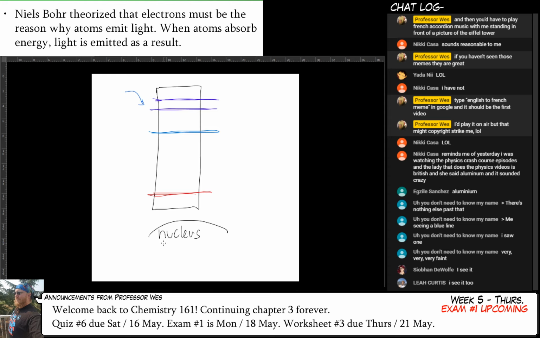And around the nucleus, I would have electrons that can go anywhere that they want. But let's suppose that on average, they spend a specific distance away from the nucleus, or they exist a certain distance away. We're going to call these regions that they can stay in levels.